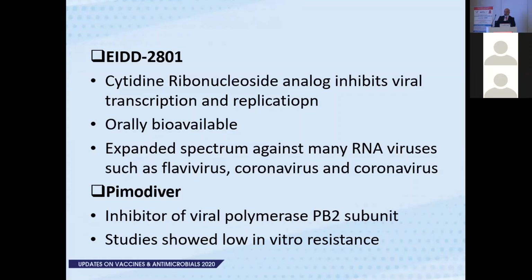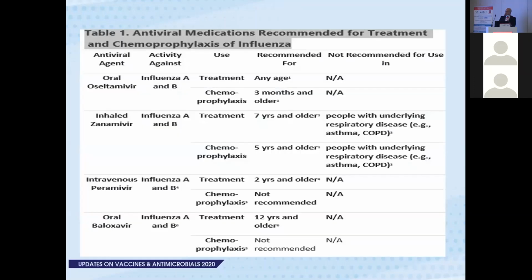It proved during the trials that it has effect against other RNA viruses such as flaviviruses and coronaviruses. The third one, by Mutah University, inhibits the viral polymerase PB2 subunit, and it has a very low resistance rate as shown by the clinical trials in vitro. So this is a promising upcoming anti-influenza therapeutic.